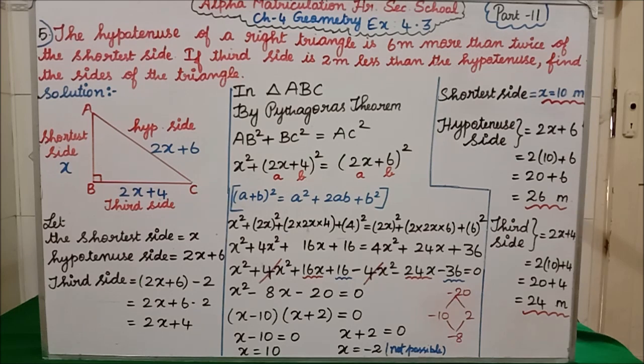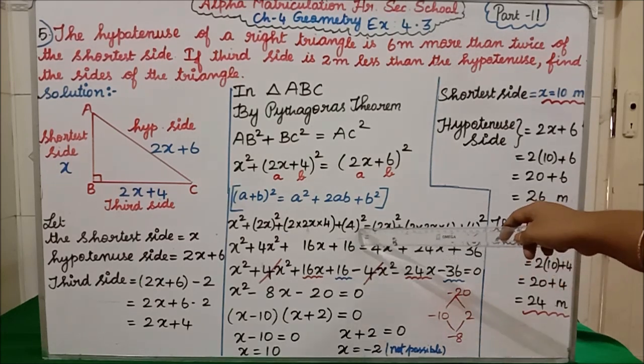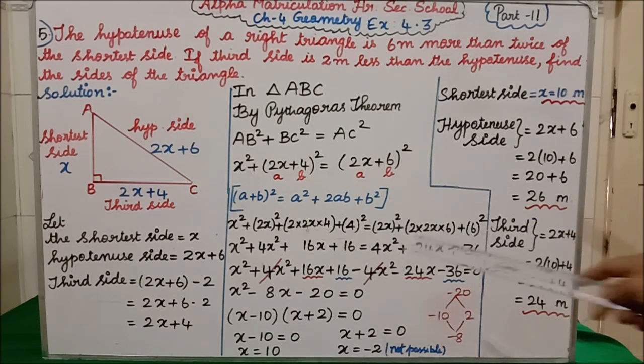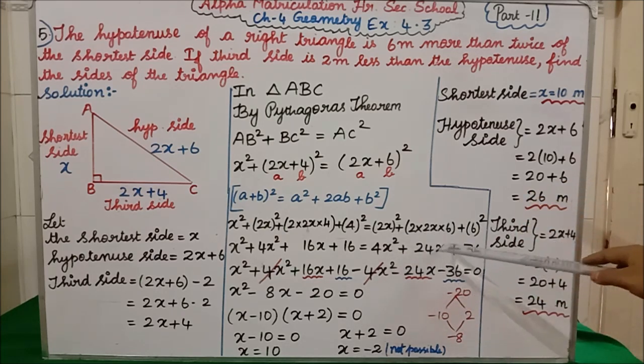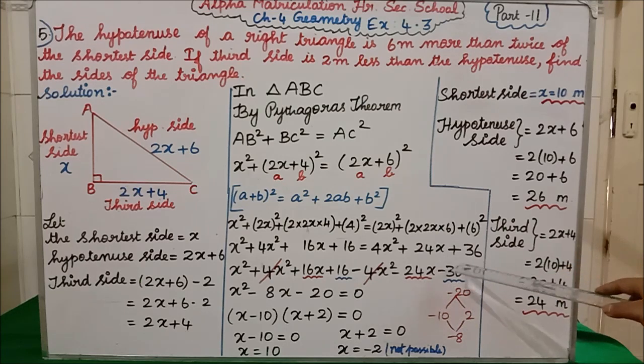Then plus I have written 4 square, answer is 16. Sorry, 2 square is what? 4. So x square plus, 2 2s are 4, 4 6s are 24x, plus 6 square is 36.